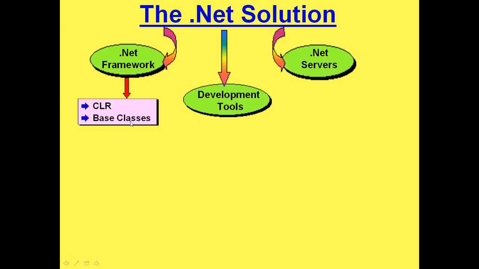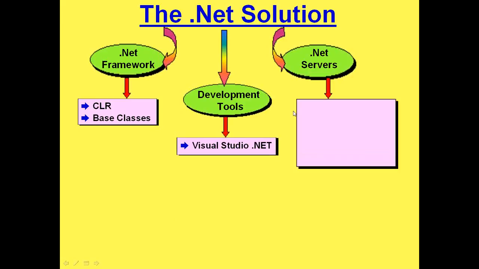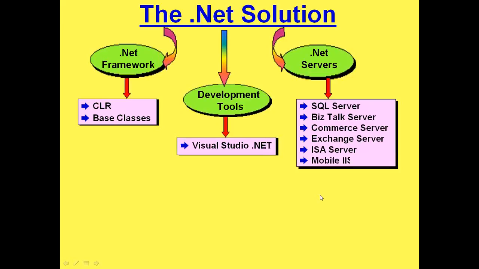Development tools: Visual Studio .NET. .NET servers: 99% of the time we are working on SQL Server, but you can communicate with other servers like BizTalk or Commerce, any other server you can use.